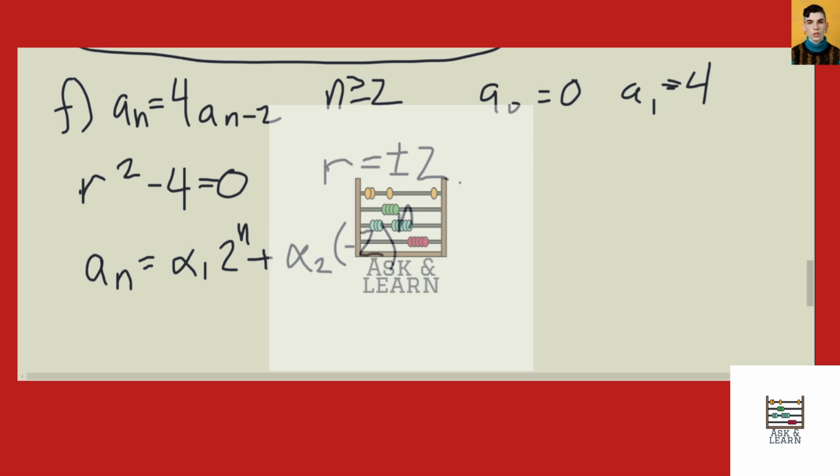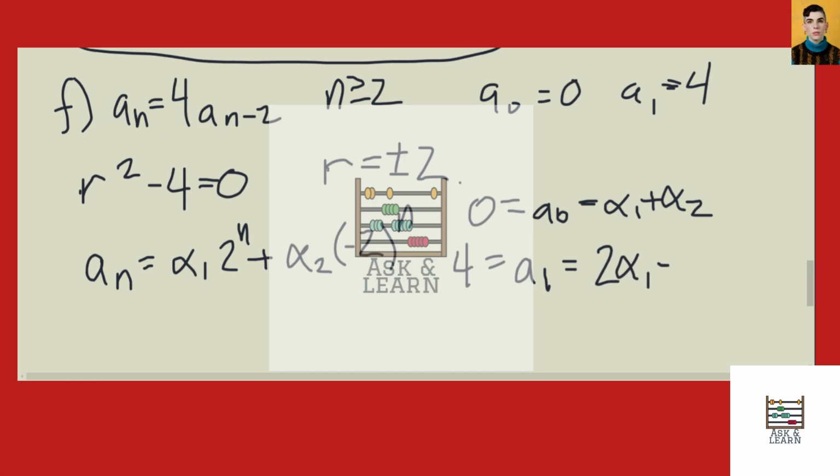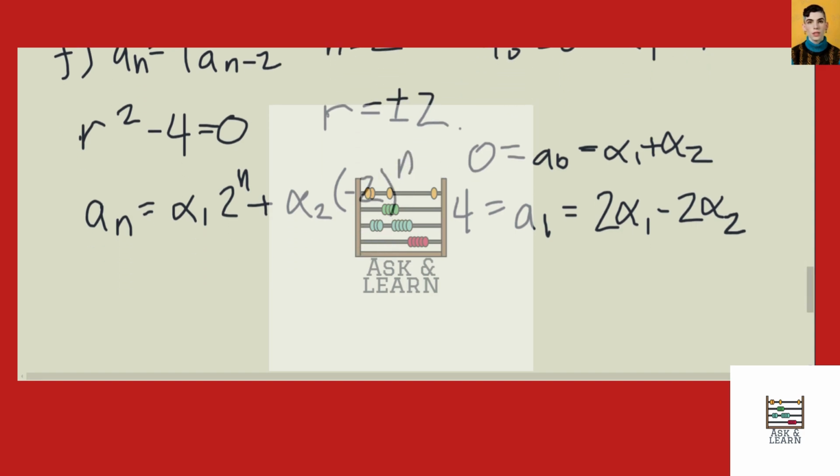And using our initial conditions, we have that 0, which is a_0, is going to be alpha 1 plus alpha 2. And we have that 4, which is a_1, is 2 alpha 1 minus 2 alpha 2. And so adding twice the first equation to the second, we get 4 is equal to 4 alpha 1.